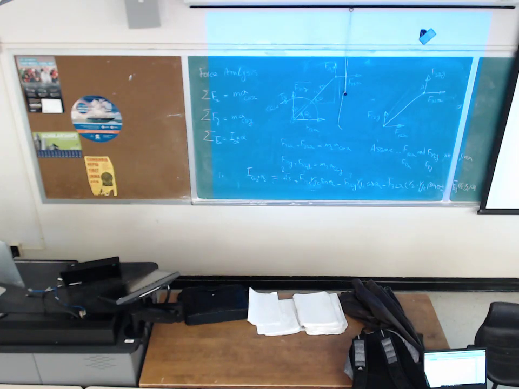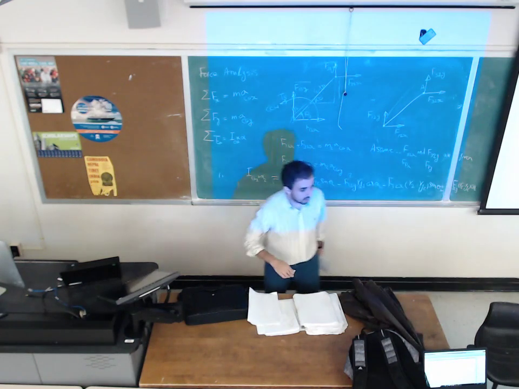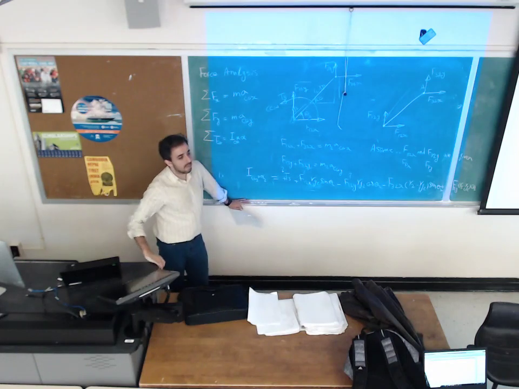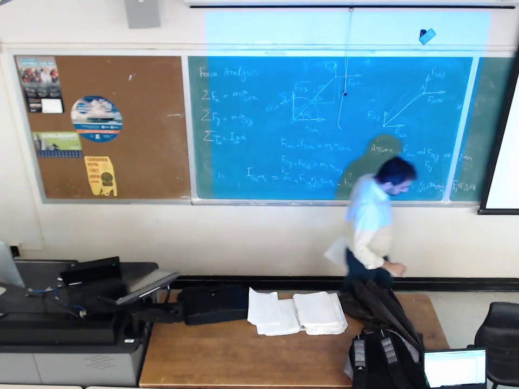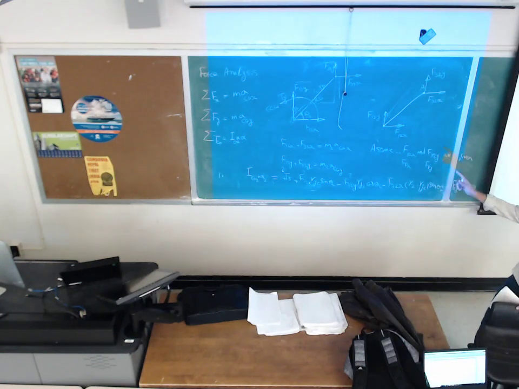Is it possible that we would know what F32x and y are without actually knowing the input force from the motor? We don't know. We are gonna find out. Isn't it the one that we're supposed to know first that will allow us to find force? In this example, the reason that I brought this example is because I wanted to show you how we can set up the equation.